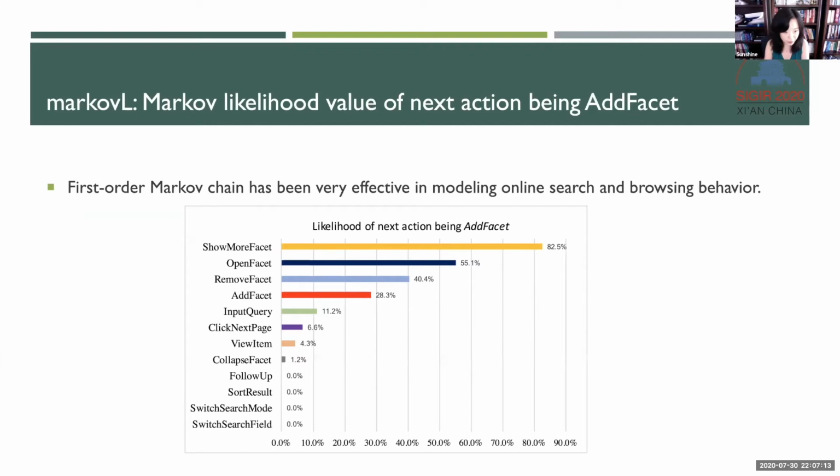The figure lists the probabilities of all kinds of actions leading to add facet. As we can see, the top action is show more facet. Of course, if the user opens the facet options, it's highly likely that the next action is add facet. So that's the second variable.